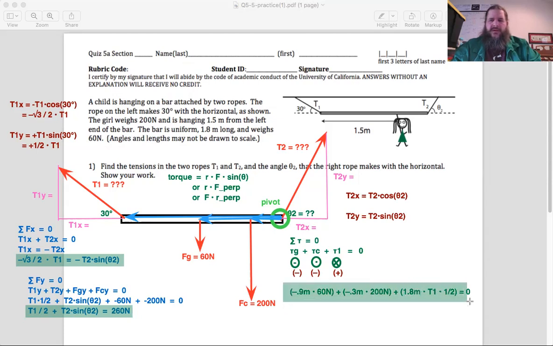And at this point, we now have a system of 3 equations. This one, and this one. 3 equations and 3 unknowns, T1, T2, and theta 2, means we should be able to solve this system of equations. And you can use any method from substitution or elimination or matrix techniques to do that.